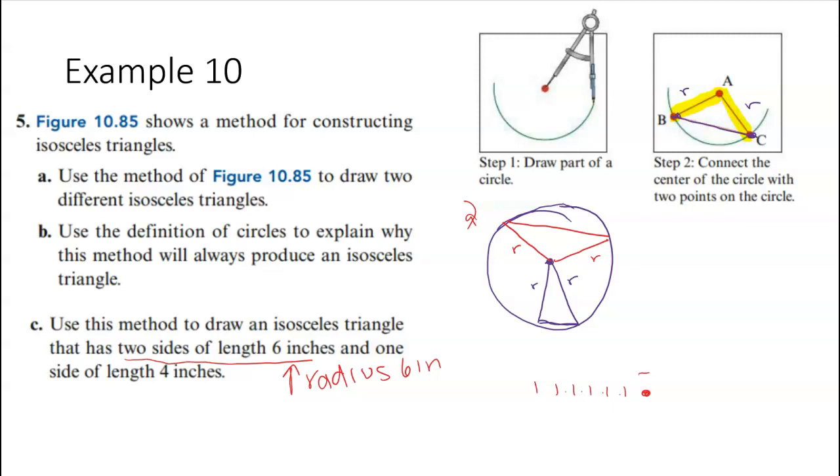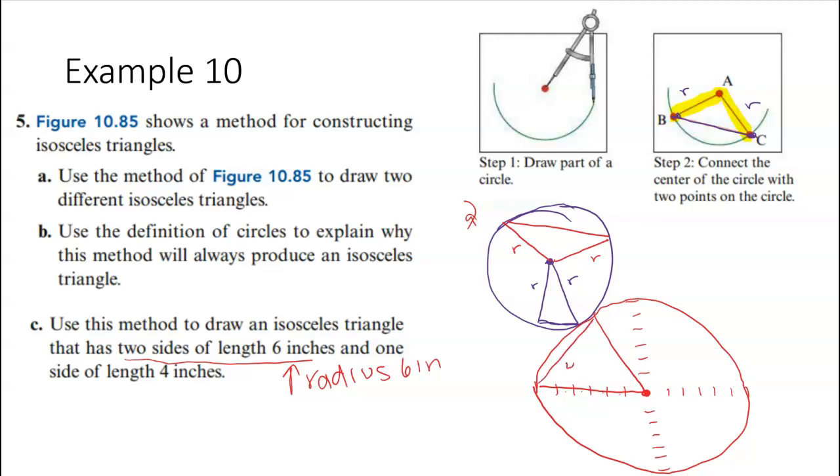So you would get out your ruler here and your compass. Now I know that this is going to be 6 inches. And then I would just get my ruler and make sure I measure that that is 4 inches. I encourage you to do that on your own here.